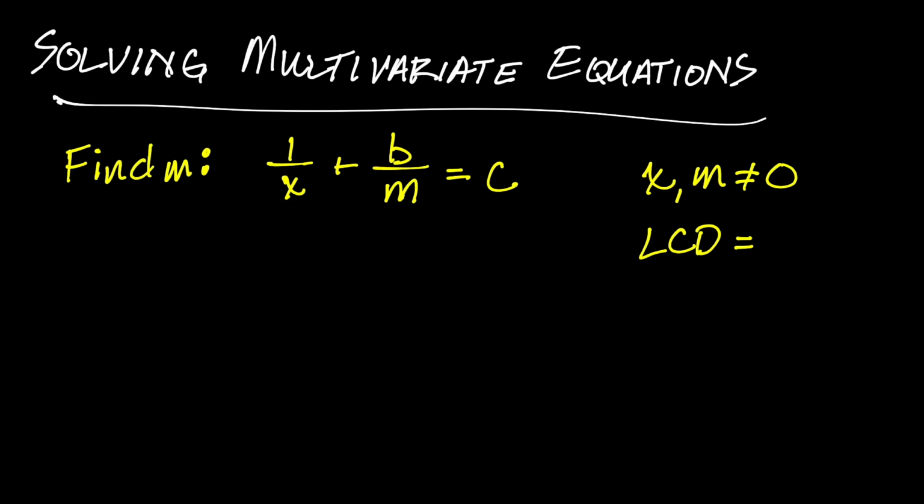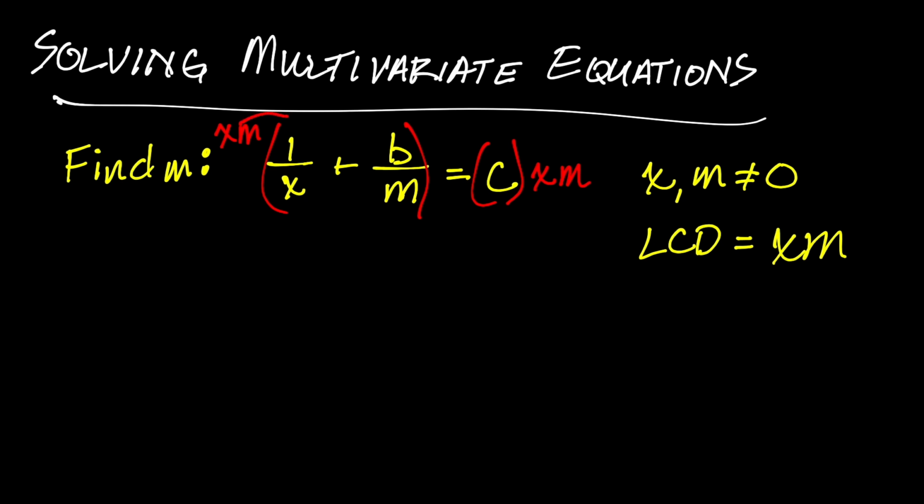They're letters, so x times m would be my least common denominator. And what we do is we try to clear this of fractions. So I'm going to multiply both sides of this equation by xm, the least common denominator. We're allowed to do that, right? We're allowed to multiply by the same thing on both sides of an equation.